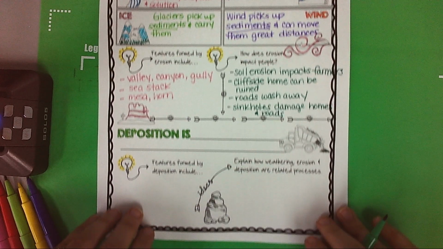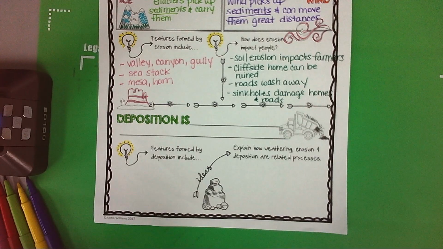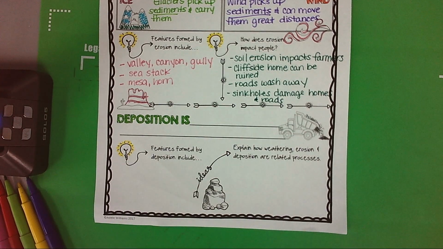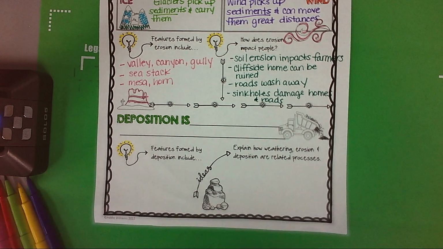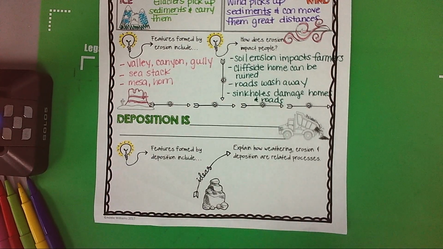All right, so let's move down and let's talk about this last process. So we start with weathering. It breaks the rock down into pieces. Then erosion's going to pick it up and move it.